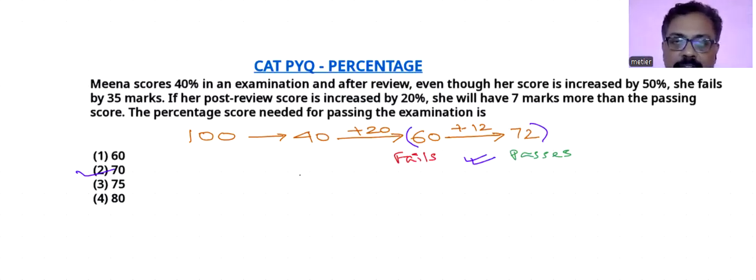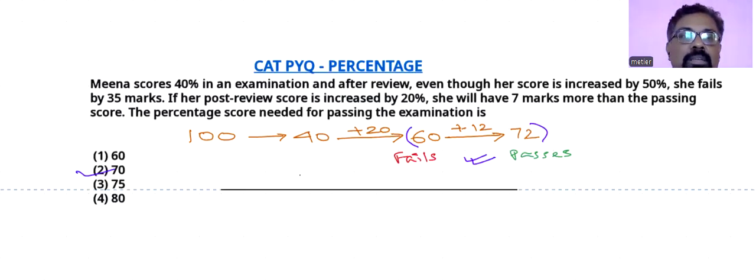One very simple thing that we learned in our school days, but may not have used many times, is the number line. So here we will go with the number line. In percentage-based questions on exams, you can easily go with a number line like this.